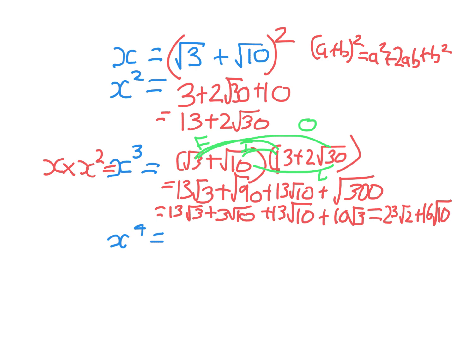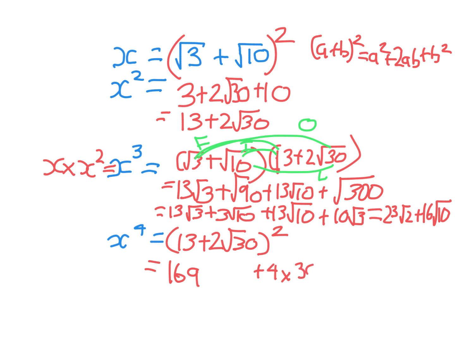What about x to the power of 4? Well, I could just multiply this here by x. Another way I can do it is I can take x squared, which was this, and I can square it. So remember, the quick way to square is you square the first, square the second. So 2 root 30 squared is 2 squared, which is 4, times root 30 squared, which is 30.